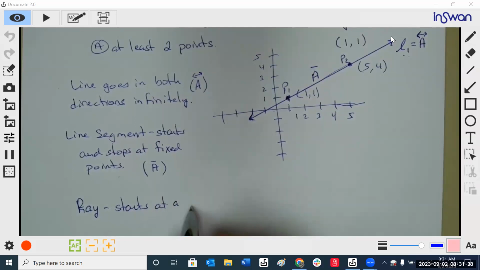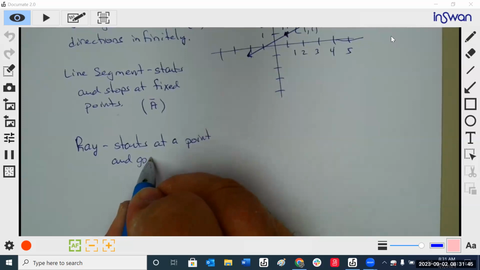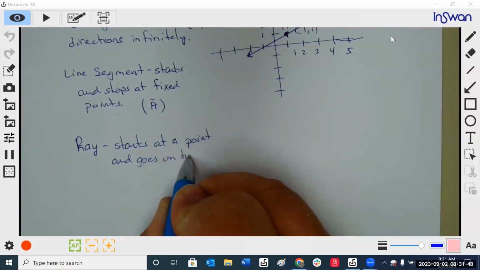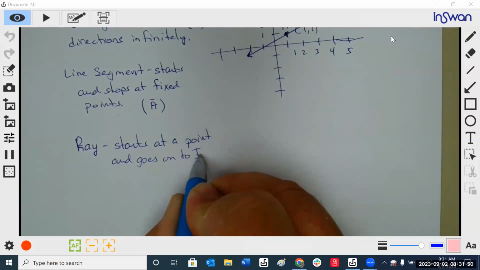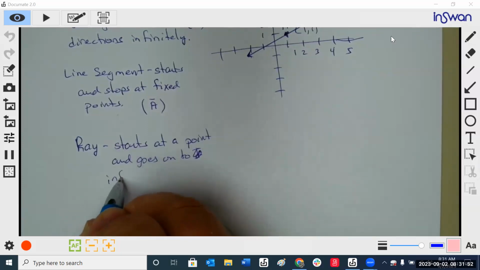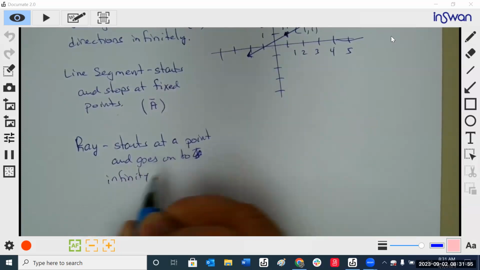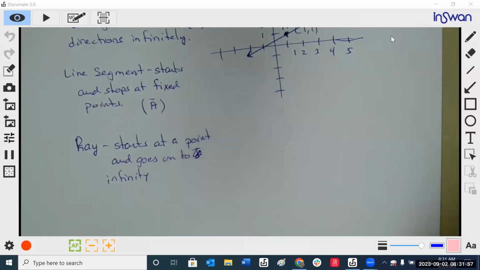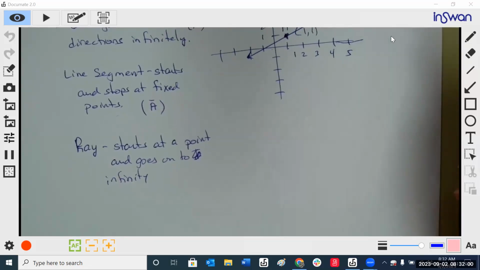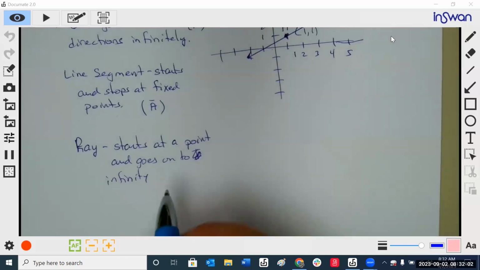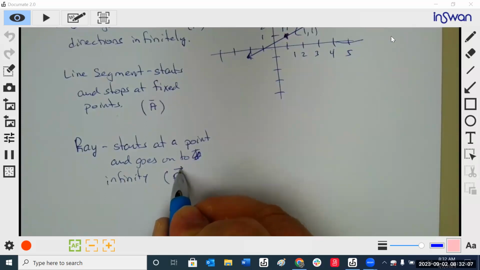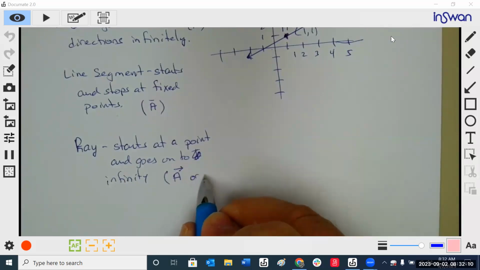It starts at a point and goes on to infinity in the other direction. So here we have 2 of them. Either that or that.